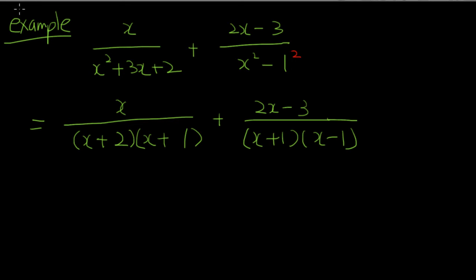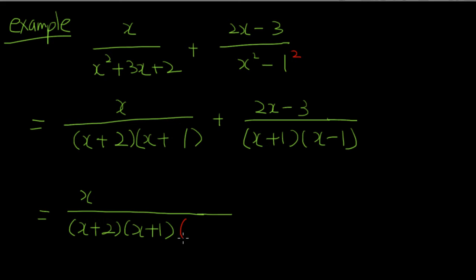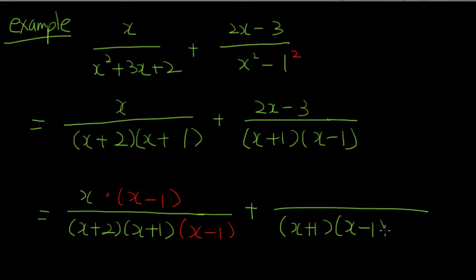So to this, let me rewrite it. We have x plus 2, x plus 1. To this, what we need to multiply is x minus 1. x minus 1, like that. And to the second term right here, which is x plus 1, x minus 1, and 2x minus 3.